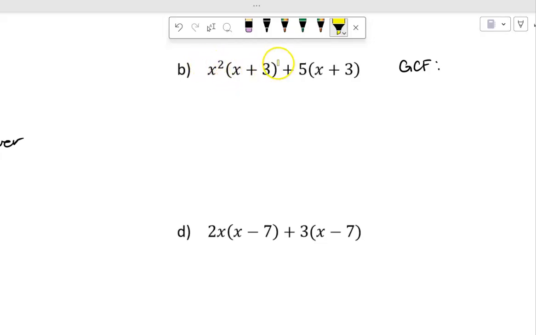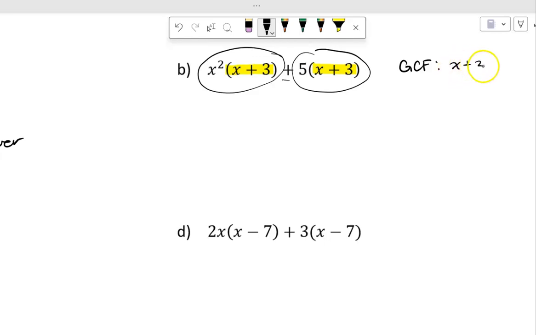And what I notice is it's like I have a half over here separated with a plus sign and another half over here, and I'm looking for what do I have in common, and I see that it's x plus 3 in parentheses. Well, x plus 3 is actually a factor because it is being multiplied to the pieces it's next to. So that will be my GCF.